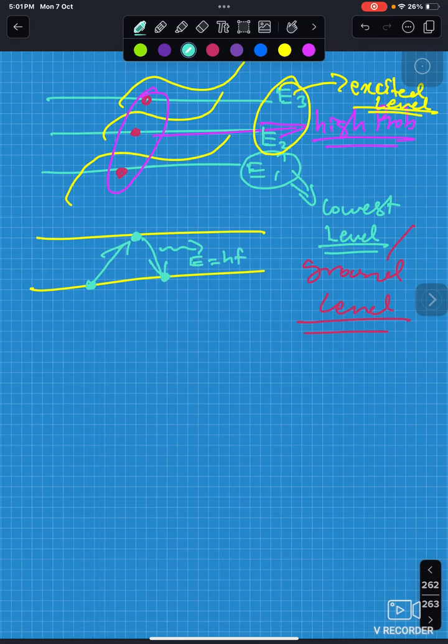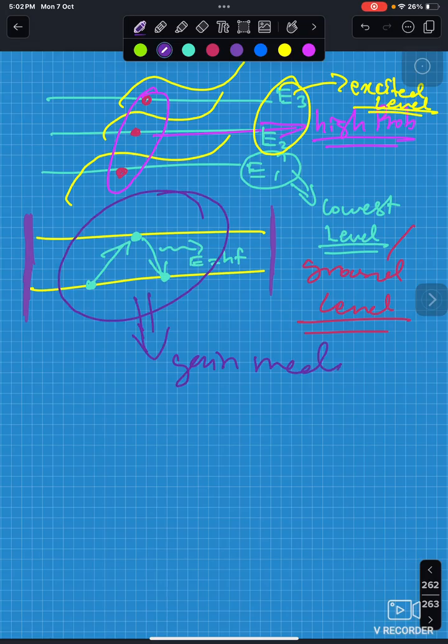This whole medium is known as the gain medium. Here are the mirrors, mirror 1 and mirror 2.